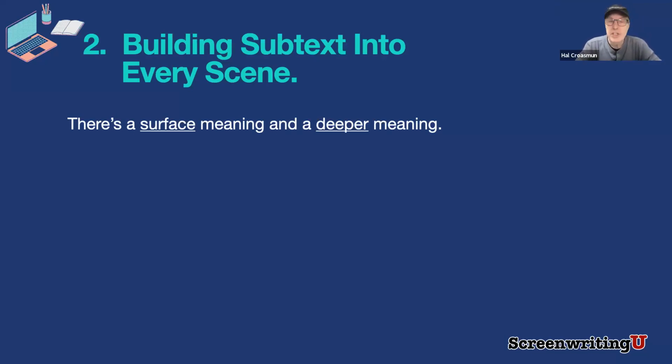First, there is a surface meaning and a deeper meaning, right? When you have a character who says one thing and does another. Let's say we've got a character in a store and the boss says, we've been having problems with theft. Can you keep an eye out on these other people and make sure that nobody's stealing anything?